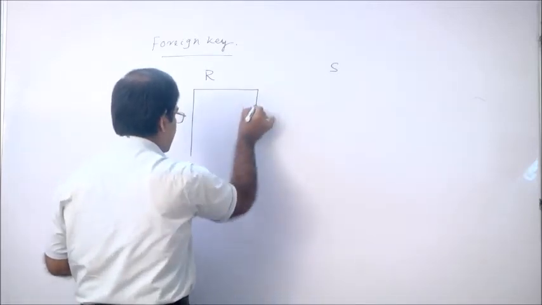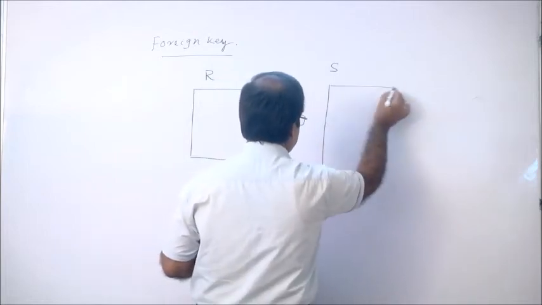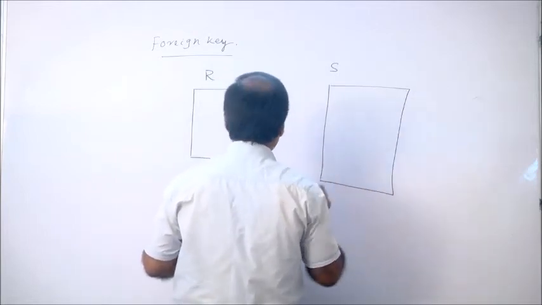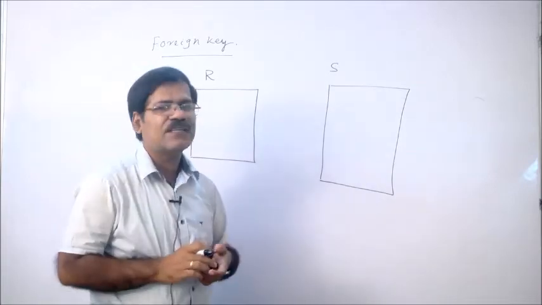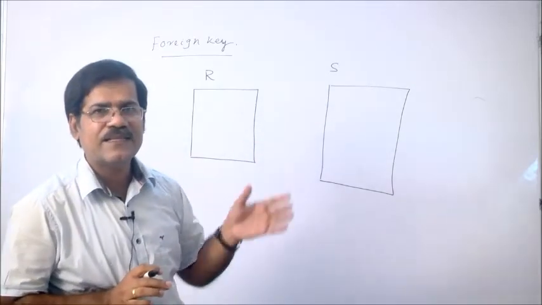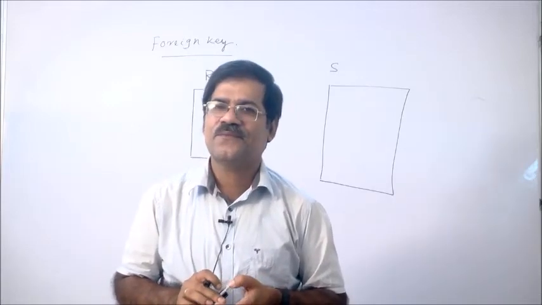An attribute which is a key for this table and is a non key for another table, and there is a relation between the two tables, is called a foreign key.